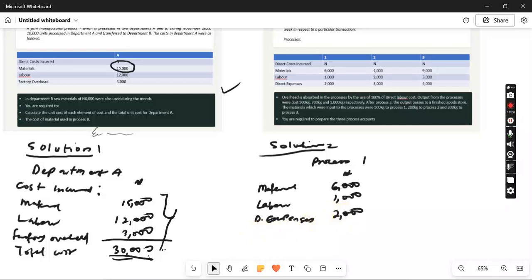We also have, from the question, overhead is absorbed in the process by the use of 100% of direct labor. So let's say workings: overhead equals 100% of direct labor, which is 1,000.